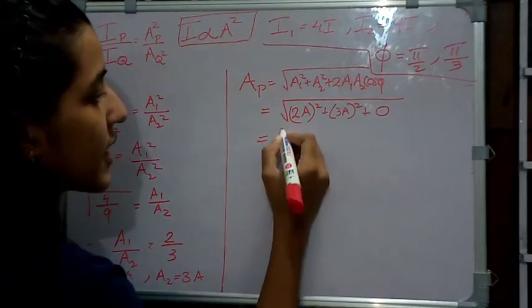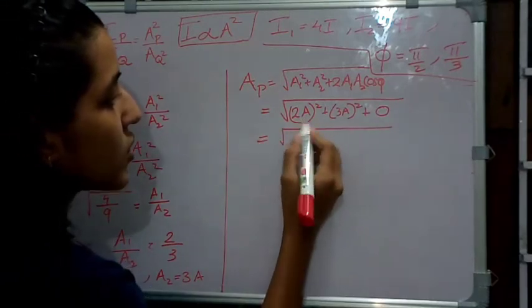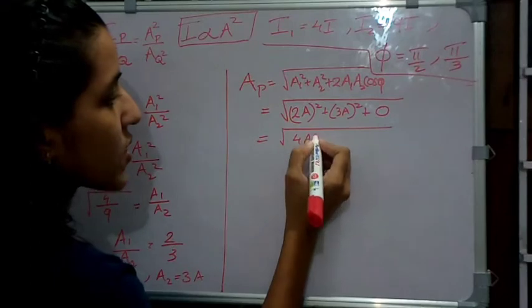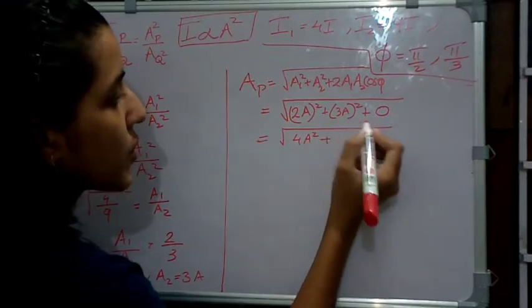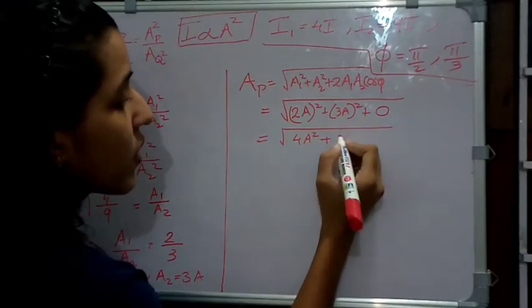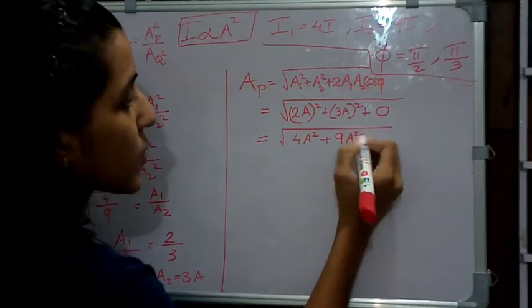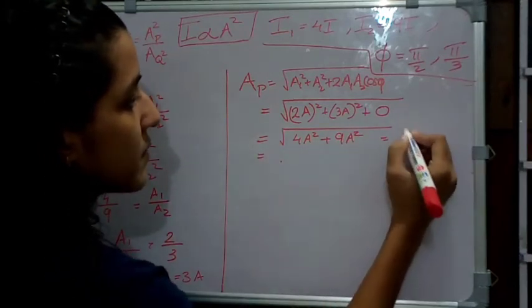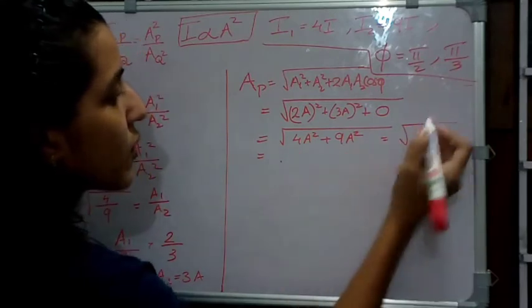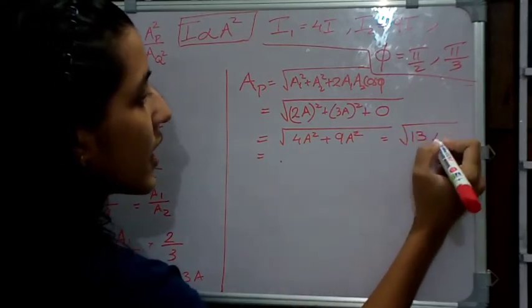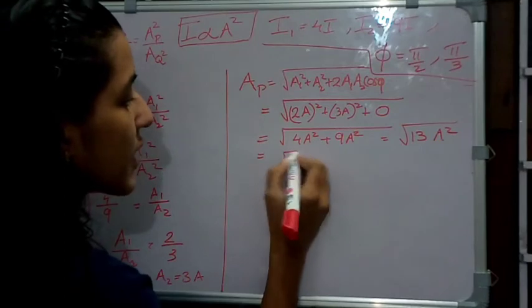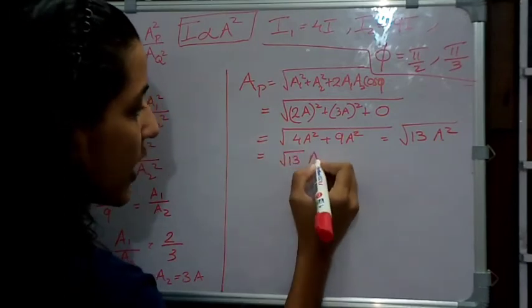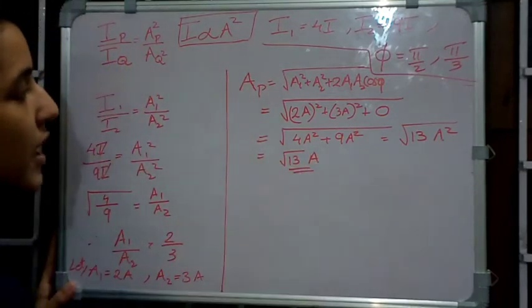Thus we get the final answer as root of 2A square, which is 4A square, plus 3A whole square, which is 9A square, which is equal to 9 plus 4, 13A square. Therefore, we get the answer as root 13A. So we have got the value of AP.